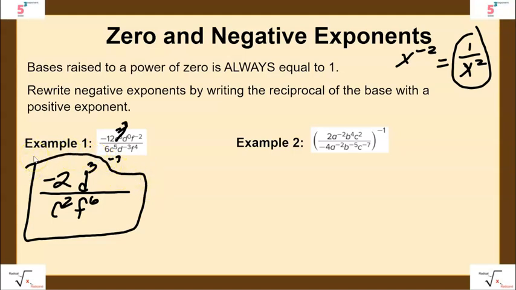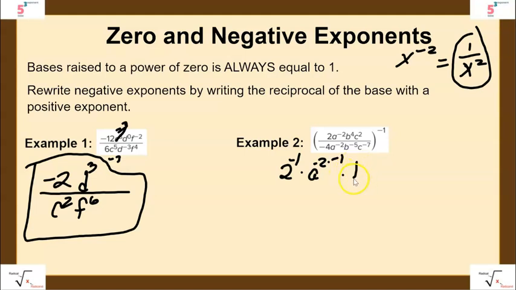In example 2, I have to raise everything to the negative first power, which just means I will be writing the reciprocal of each of them, but first I'm just going to rewrite raising everything to the negative first power. So this would be 2 to the negative first times a to the negative second raised to the negative first, which really means I'm going to multiply by a negative 1.